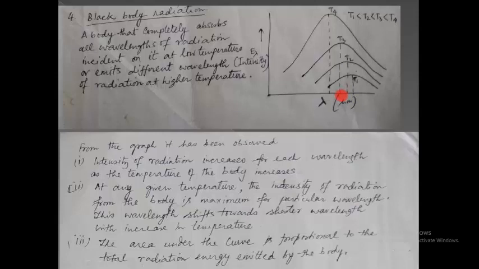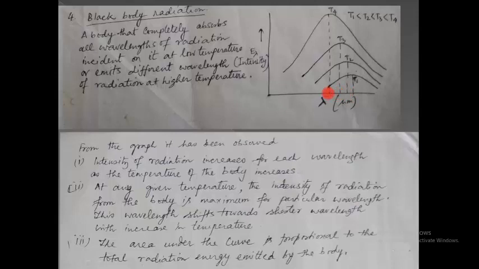Again for the last curve T4, you have the maximum energy density at a particular value of wavelength.